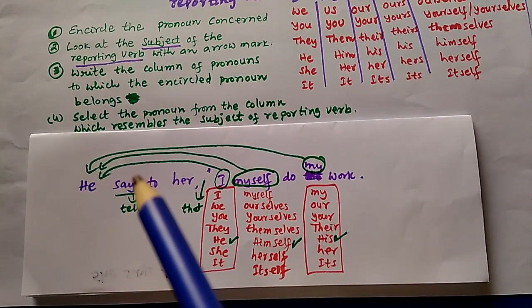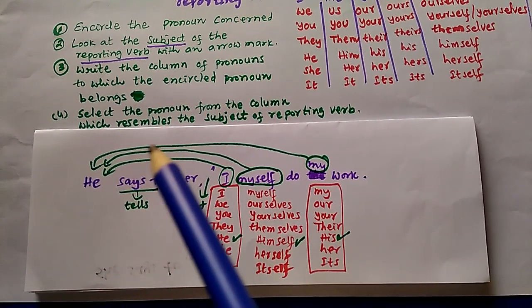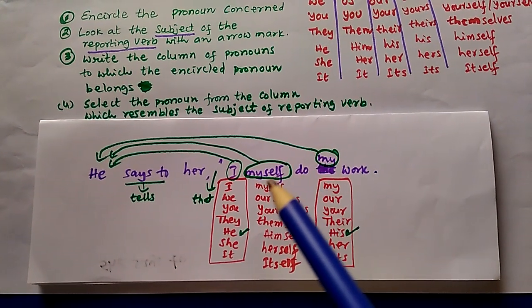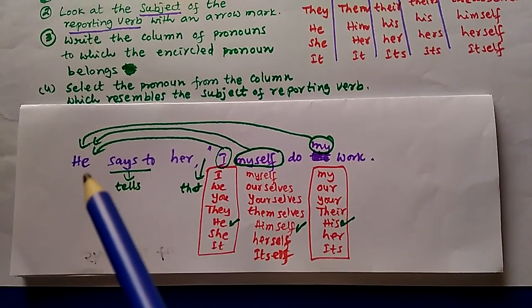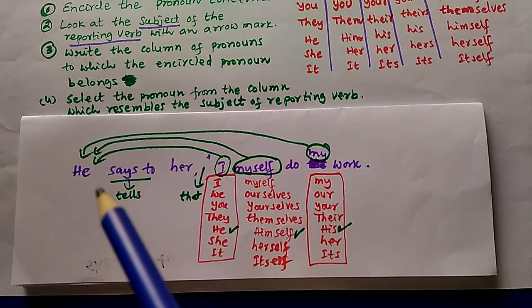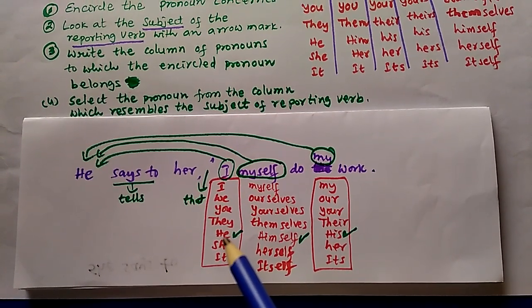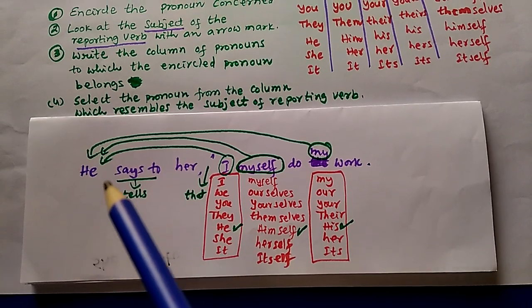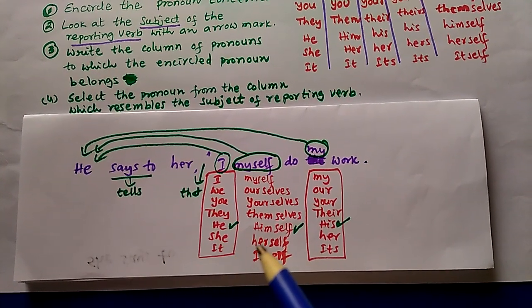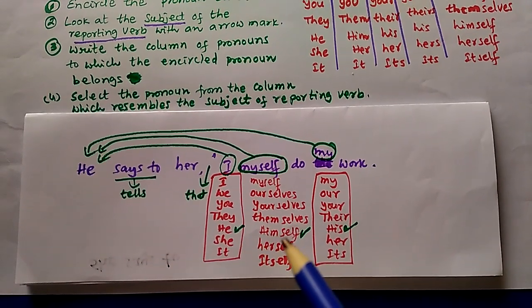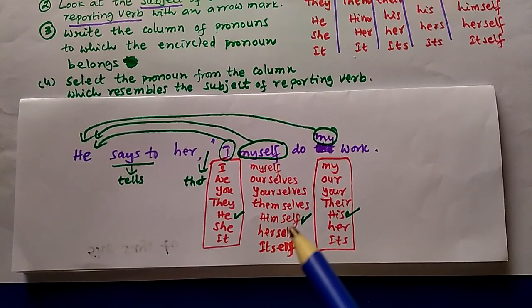And after writing that, we have to select the pronouns from the column which resemble the subject of the reporting verb. And let us see. He in this column is there. The same he is here. So he is put a tick mark. And in this column, he is not reflected. But one pronoun is there which is related to the he. That related pronoun is here, himself.